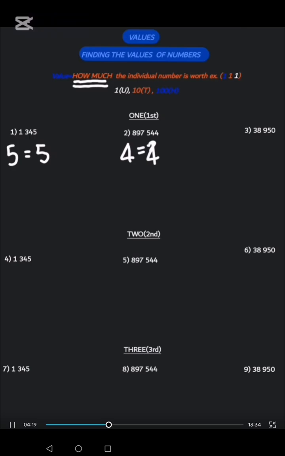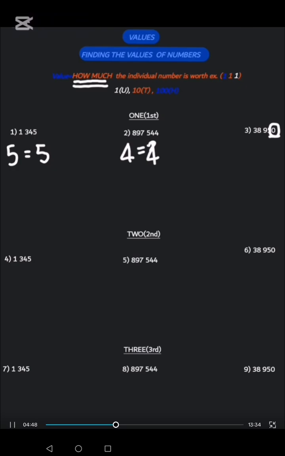Now the third number they give us is 38,950. We look for the number in the units position and we underline that number. We know it is 0, but we want to stay focused on that number so that we don't get confused. We circle that number so that we know the value of the number, which is 0.